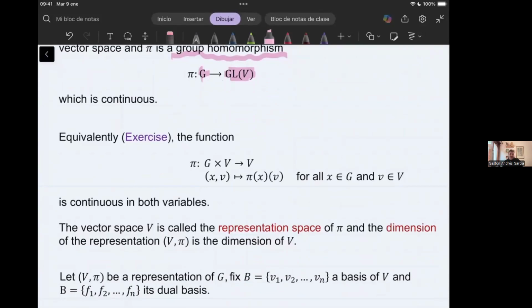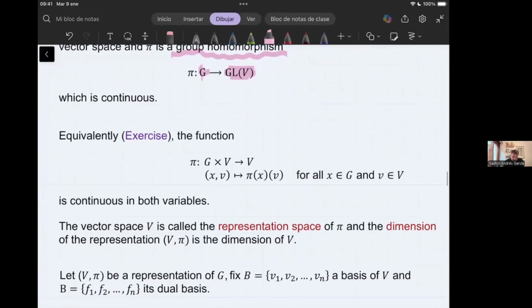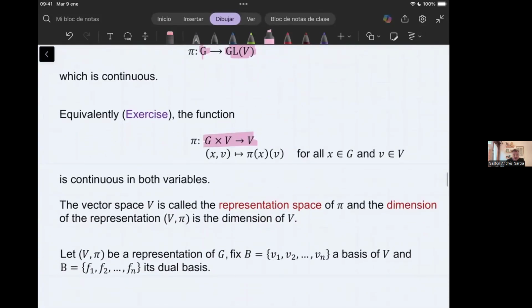Another equivalent way to see that this map is continuous is saying that the map that goes from G times V to V is continuous in both variables. We're talking about finite dimensional vector spaces, and every finite dimensional vector space is isomorphic, or homeomorphic, to C^n, and C^n has the topology that we were discussing above, the same as R^n.